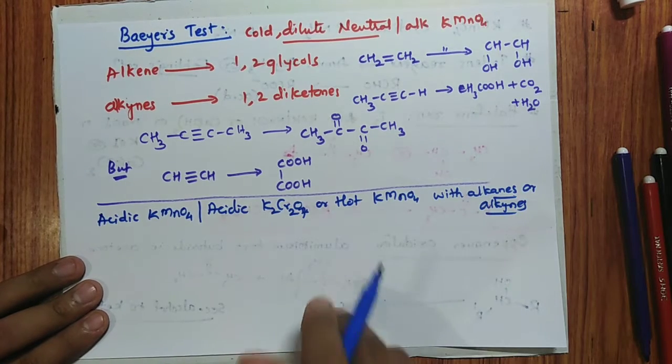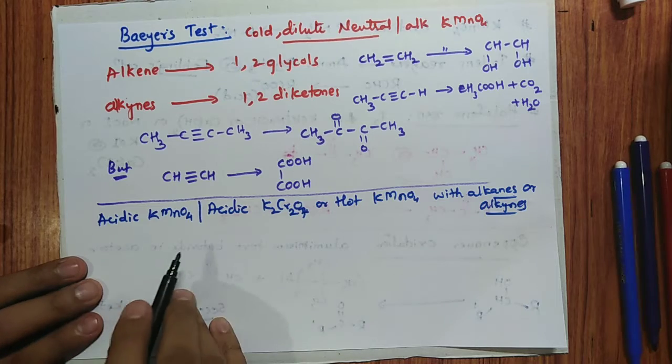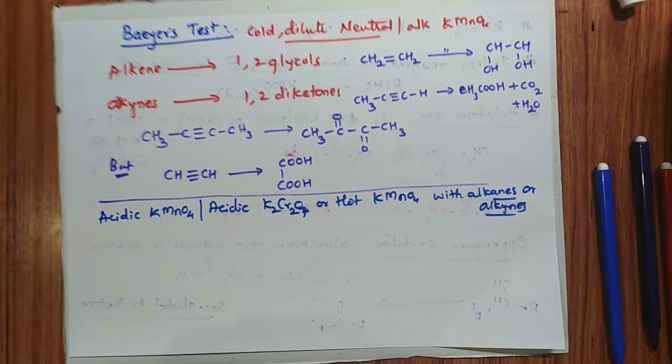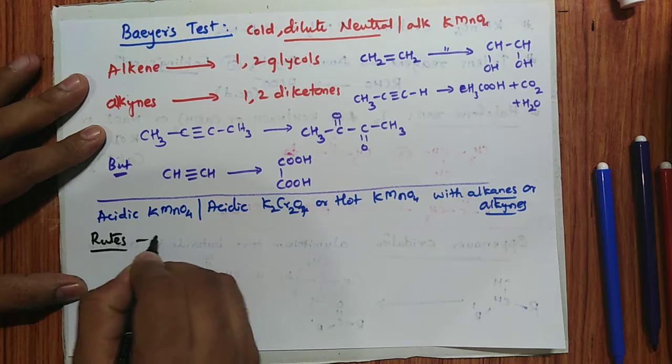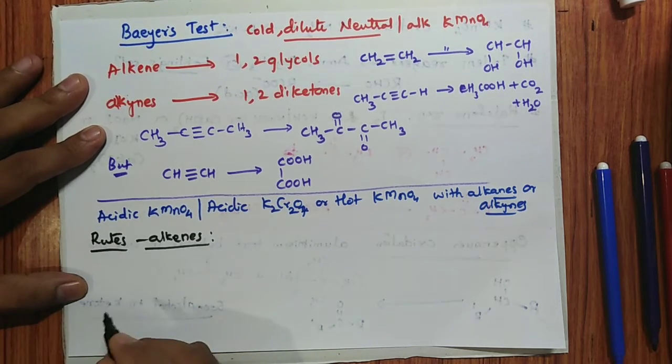Carefully listen to this point. This is also very important for your exam. So now what happens? First I will tell you the rules in this particular case. First understand the rules.